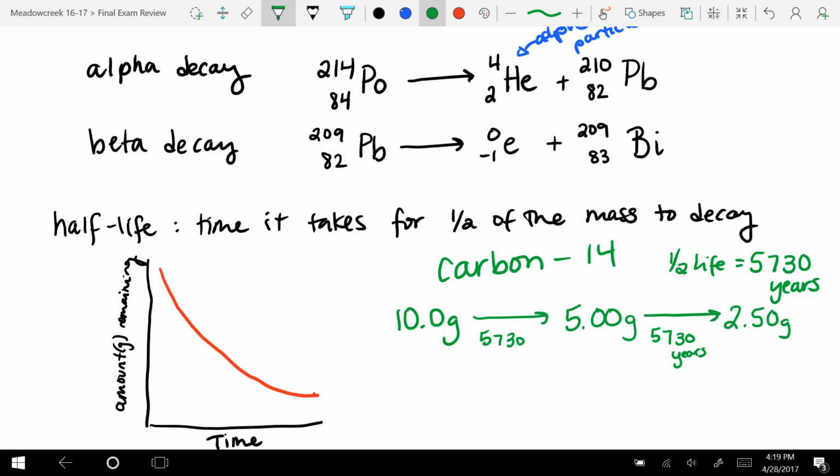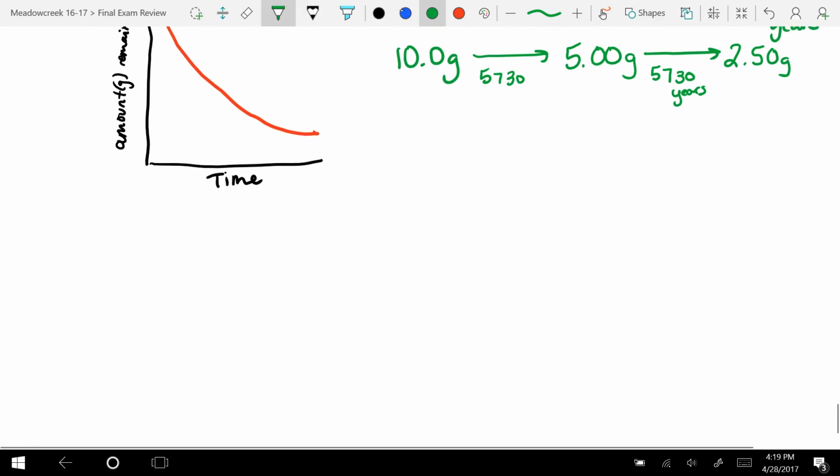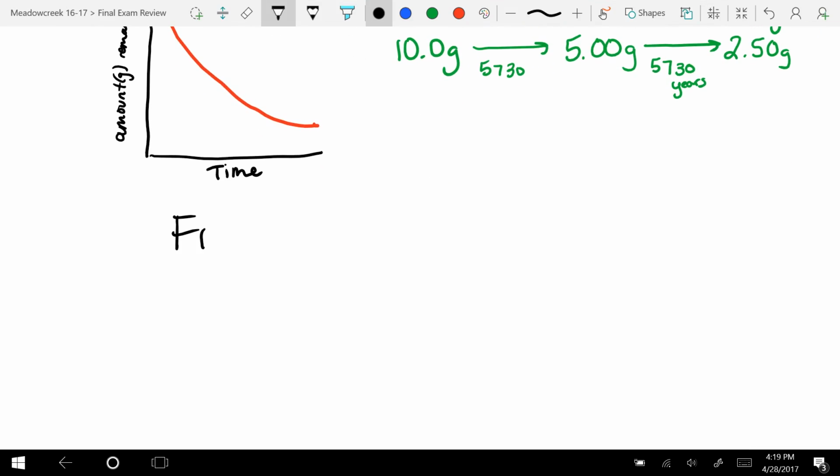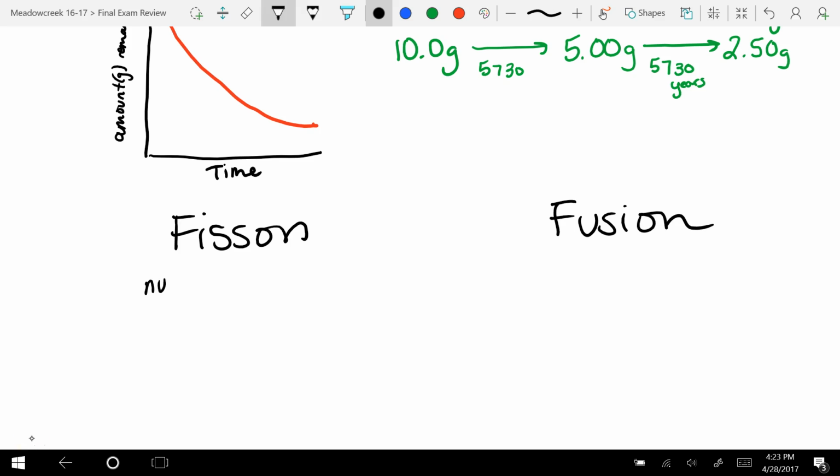Now, when we're talking about decay still, there are a few things we need to talk about. We need to talk about the difference between fission and the difference between fusion. So fission is when the nucleus breaks apart.